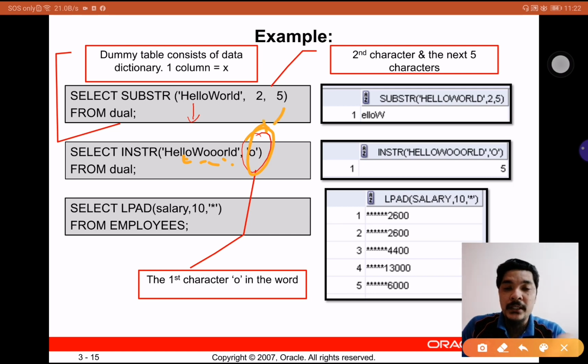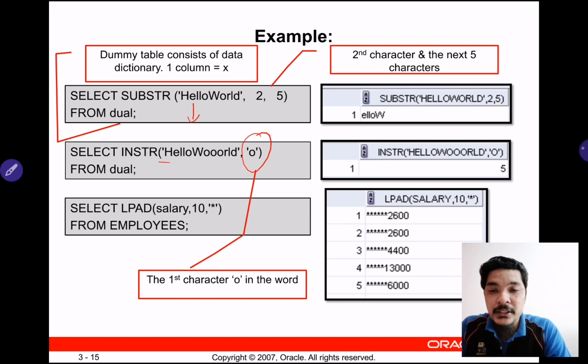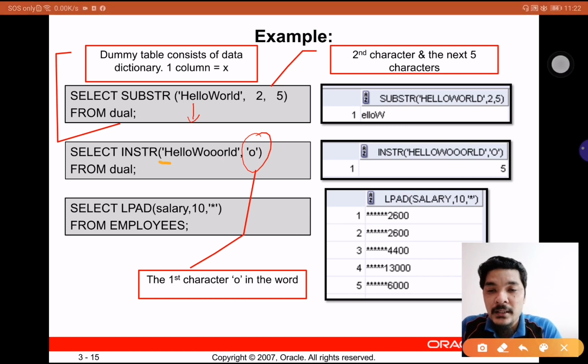In this example, it will search for the first O that the SQL can find. H, E, L, L, O. So here is the first O.